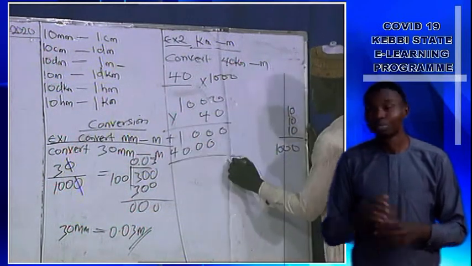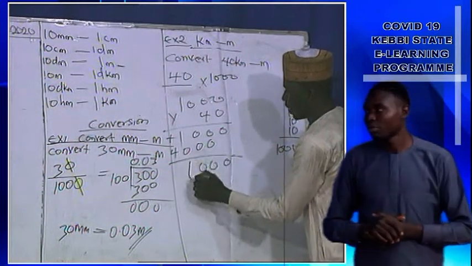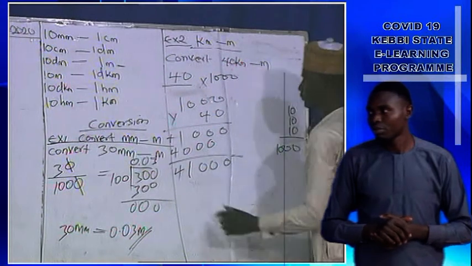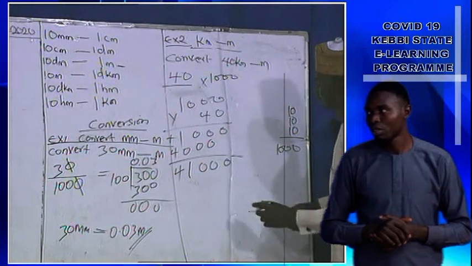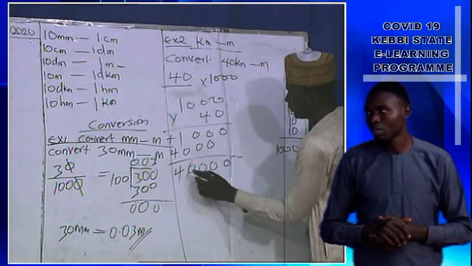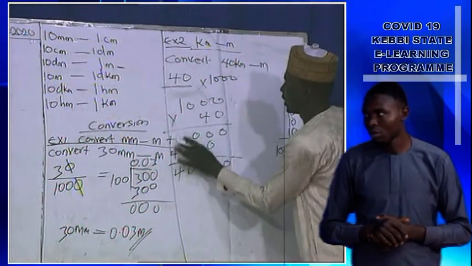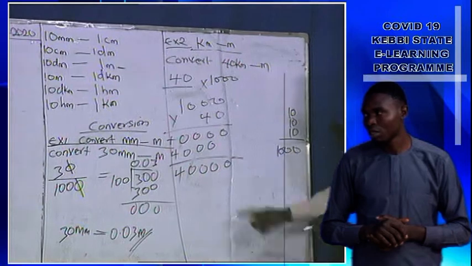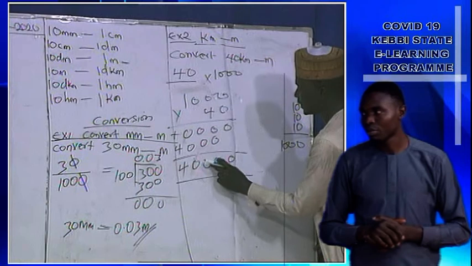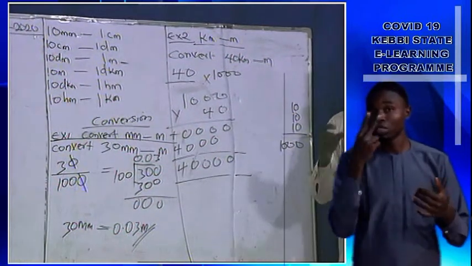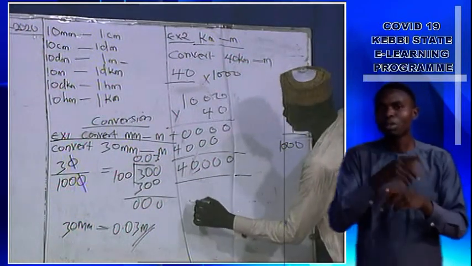Then addition. So 0 plus 0, 0. So here we have 5 digits, 40,000.